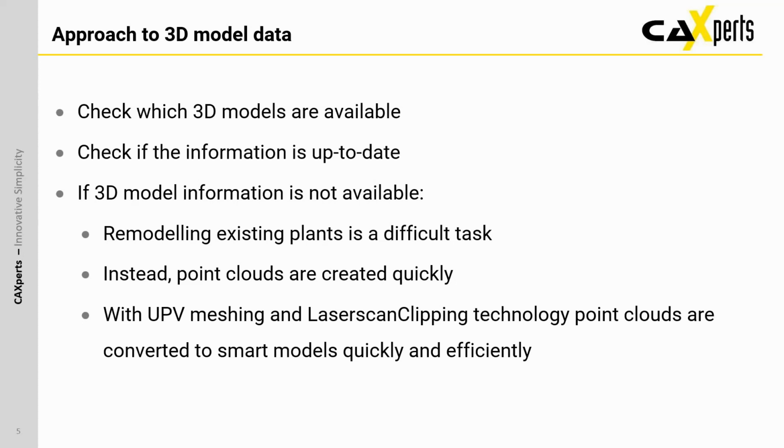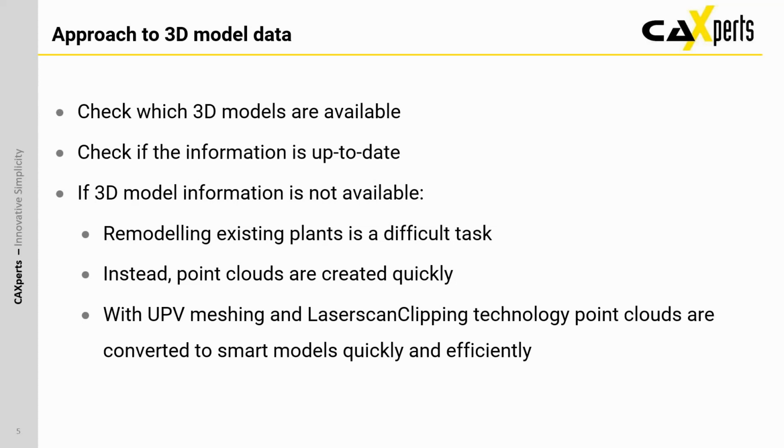For example, remodeling existing plants. Anyone who might have tried this will have found out remodeling an existing plant is a really time-consuming task, and it proves to be very long-term and in the end also very expensive.